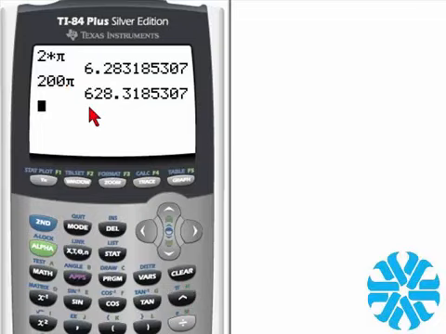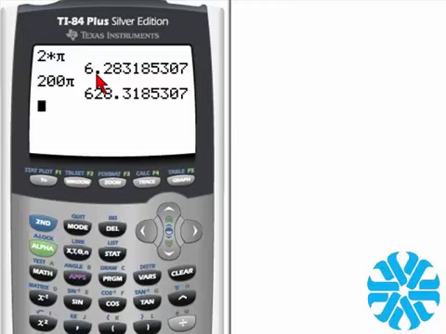Notice that this is an approximation and it's accurate to 10 digits, just as the previous answer was accurate to 10 digits. Now, if you notice, the decimal has floated to a location dependent upon the magnitude of the number.